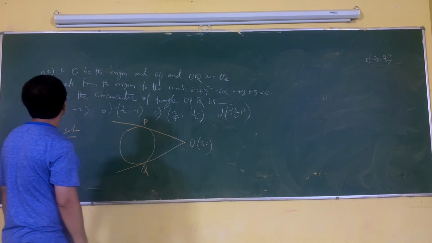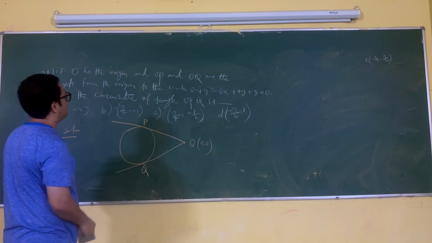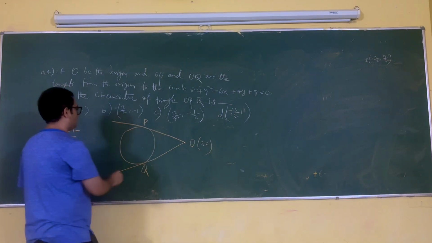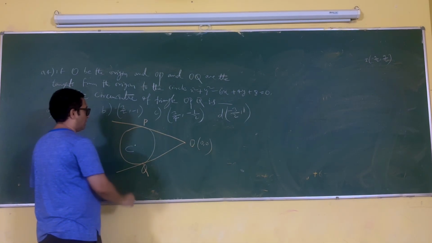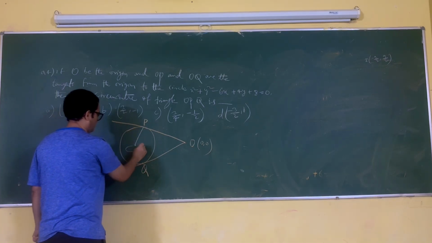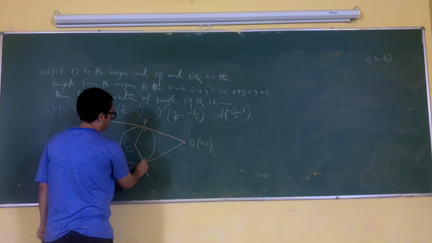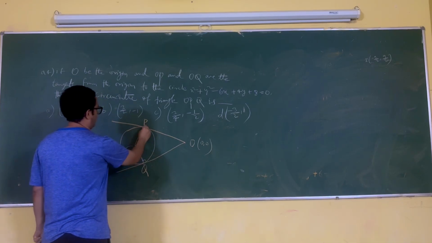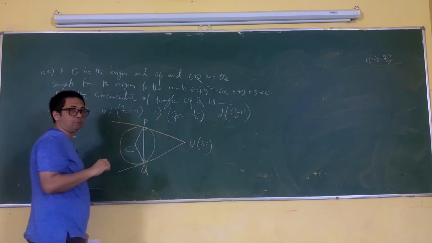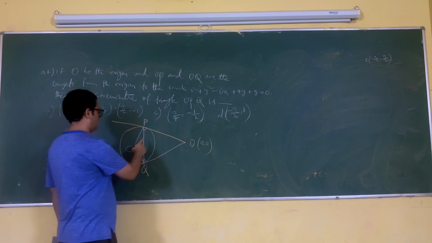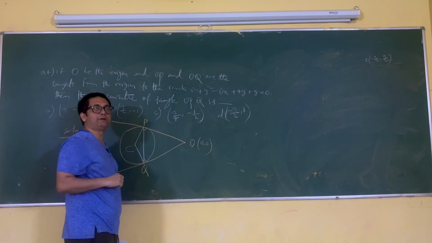And you have to find the circumcenter of the triangle OPQ. So see, where is the center of this circle? Let it be here, C. And if you join here, this is a 90-degree angle, this is a 90-degree angle, and if you join PQ, then one thing you have to be aware of is that POQC is a cyclic quadrilateral basically.